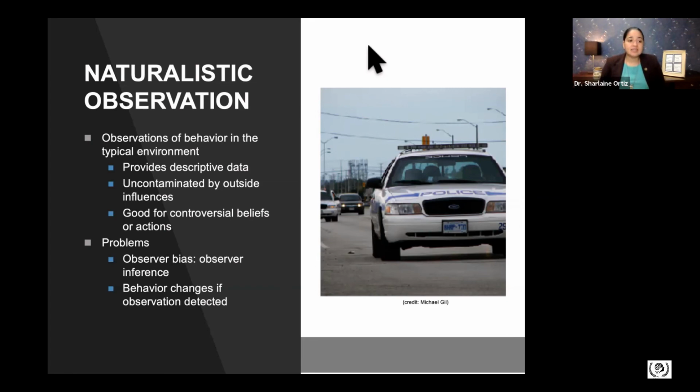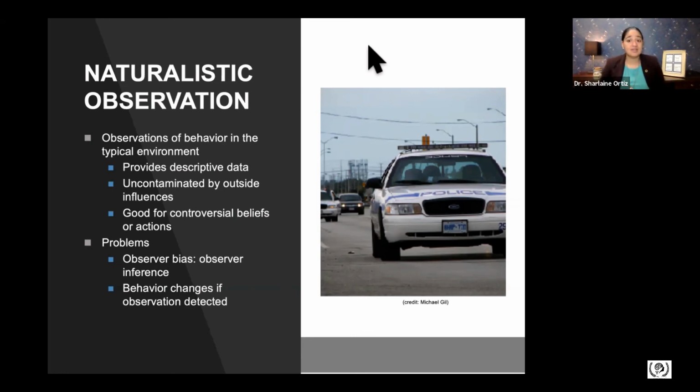Now, granted, in naturalistic observation, there are ways to mitigate this, your own presence and how that may influence the behavior. Interestingly, think about how you would normally drive if you didn't see any police officers. You're probably not as careful as you should be.